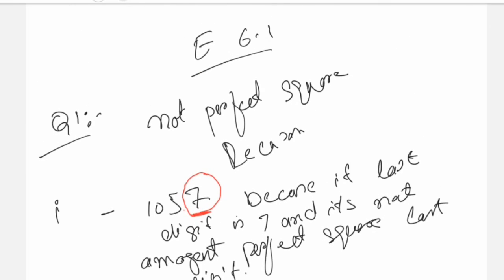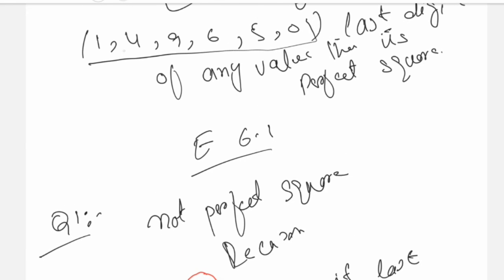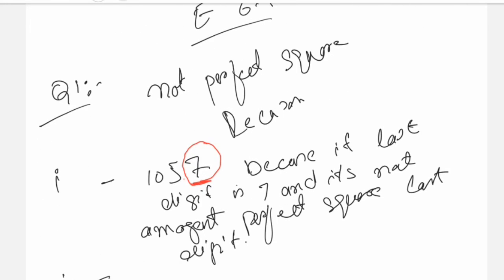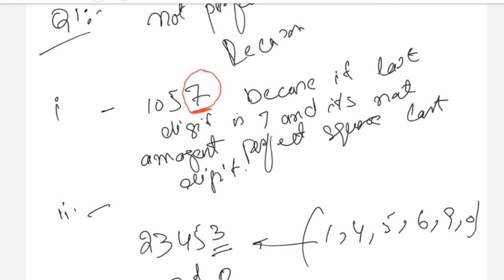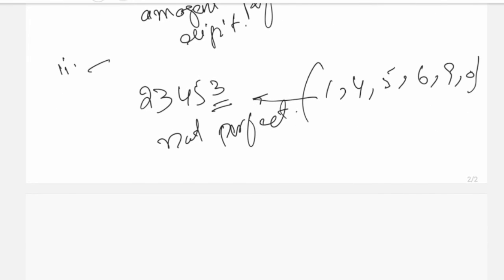Now when we look at the list again, 1 4 5 6 9 0, just check, is 3 there among them? No. So it's not a perfect square. Simple, no need to solve. Just check among those values, and if it is there, it's a perfect square.